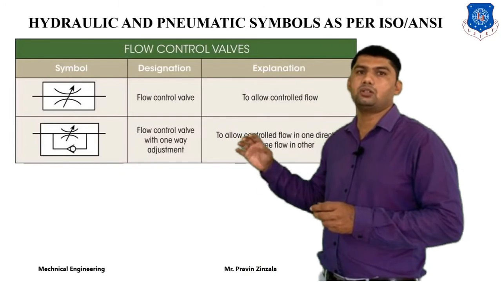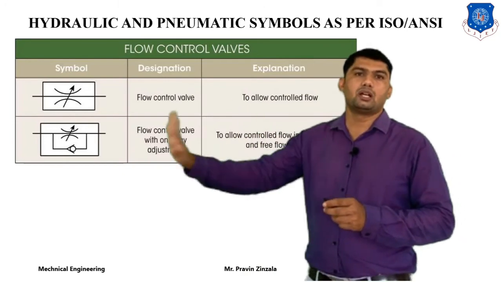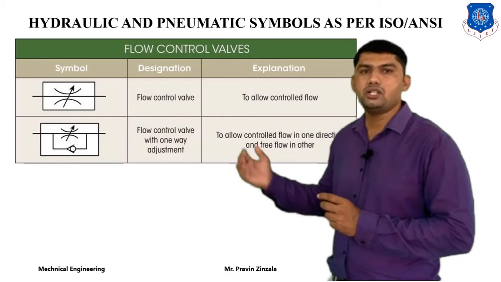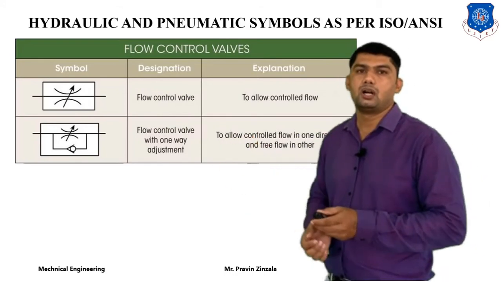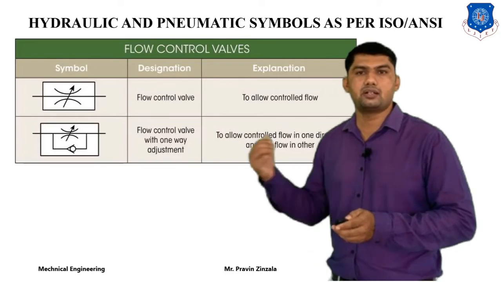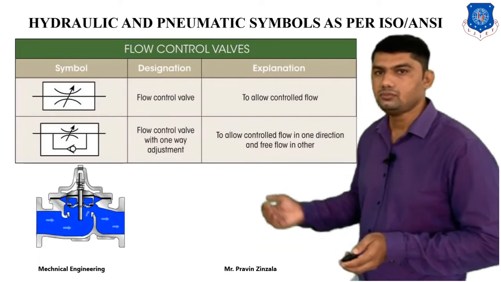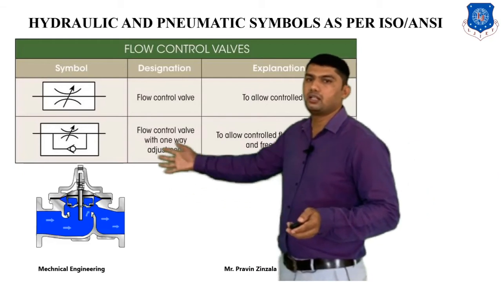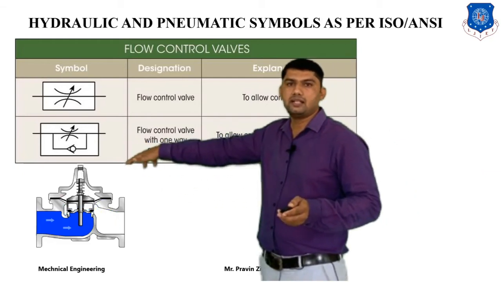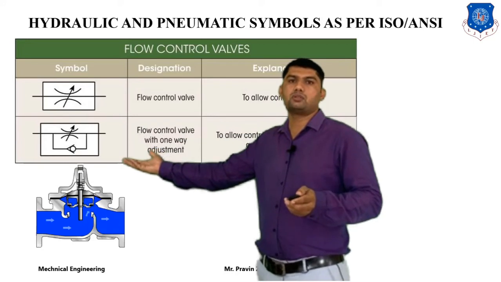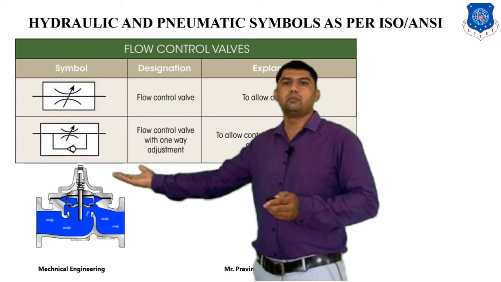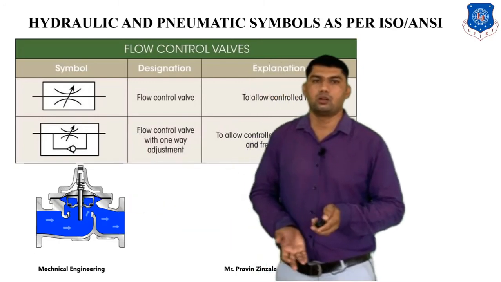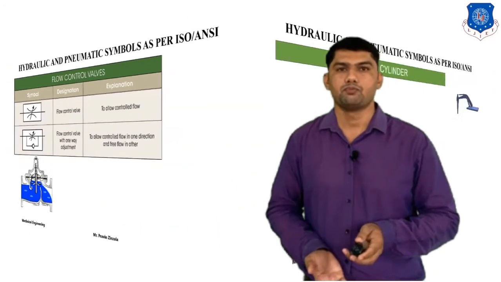If we allow the hydraulic fluid in a particular direction and not in the reverse direction, it is used for the design of hydraulic and pneumatic industrial circuits. This is the diagram of the flow control valve. We can also change it by automation, or by mechanical or manual methods. By changing the cross section area, we can change the flow rate of the hydraulic fluid.